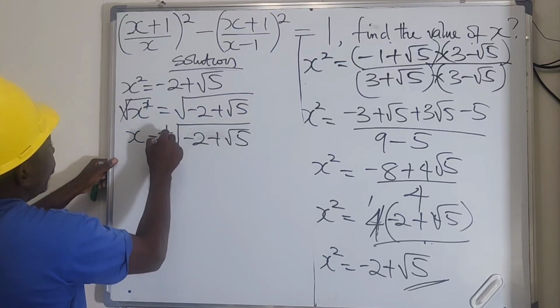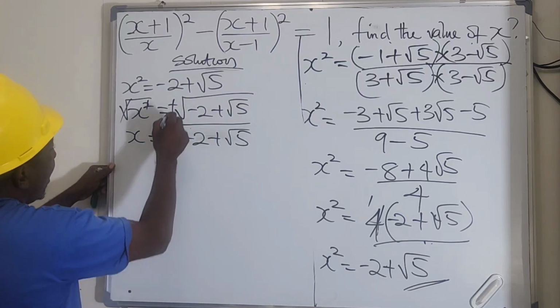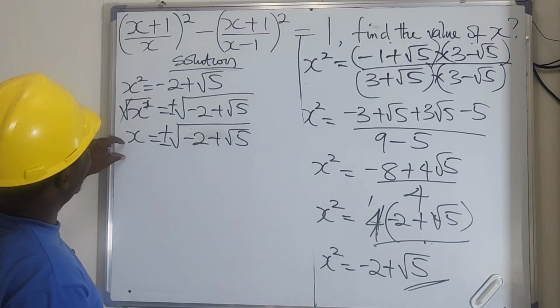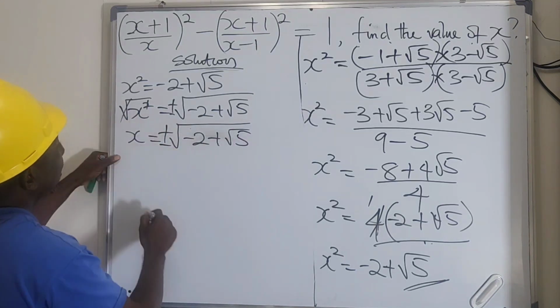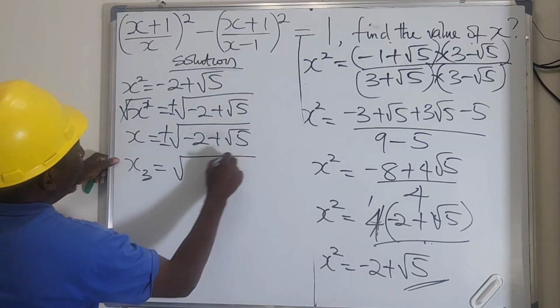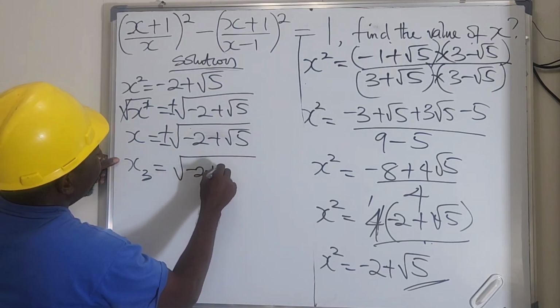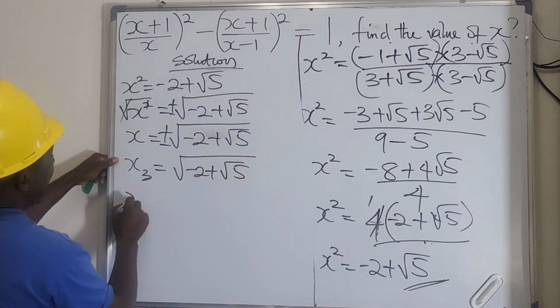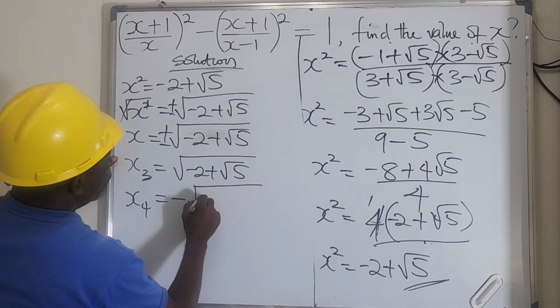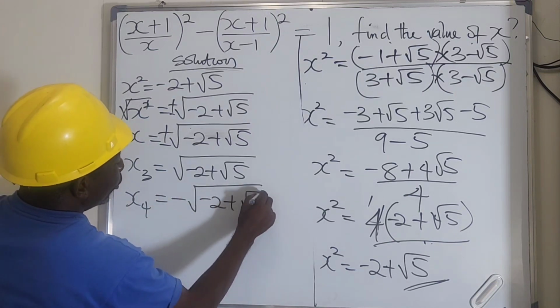So here will be plus or minus when we apply the square root. So plus or minus this. So we have the two values of x here as x3, which equals root of minus 2 plus root 5, and x4, which equals minus root of minus 2 plus root 5.